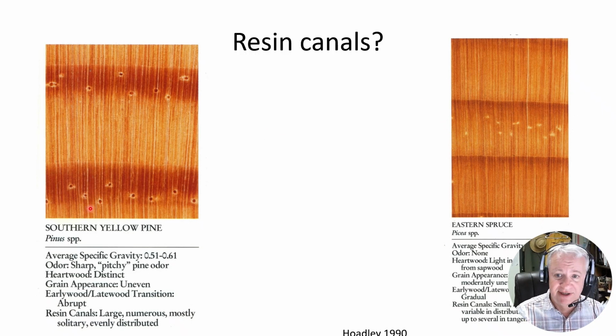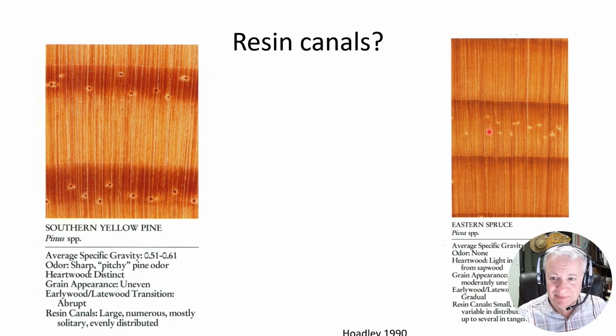So in these two cases, we have resin canals. In this case, the resin canals are larger, and they're often located in the late wood, but not always. If there are large resin canals, then it's likely a pine, a Pinus.